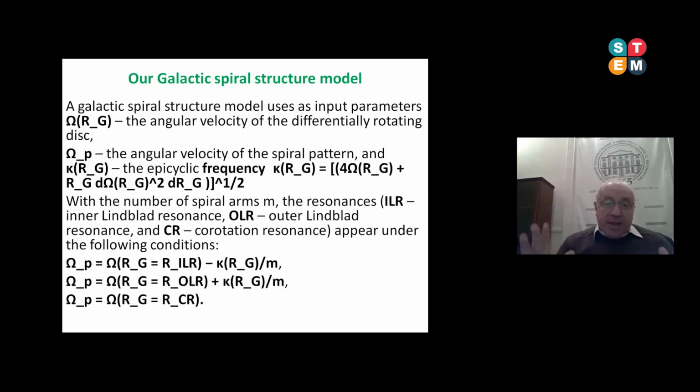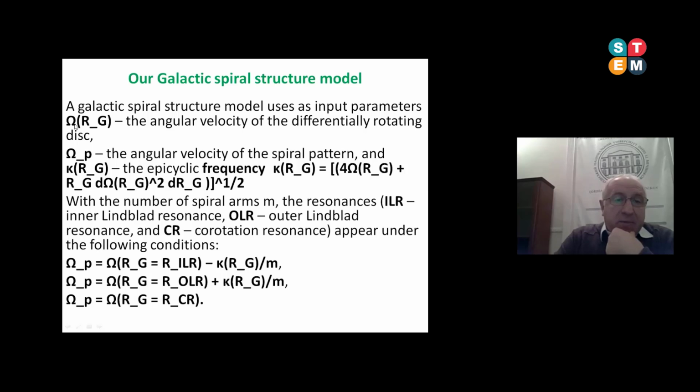So to explain our observational data, we elaborated a simple but very effective model of galactic chemical evolution. So, input data for the galactic spiral structure model. We need to describe these 2 values.